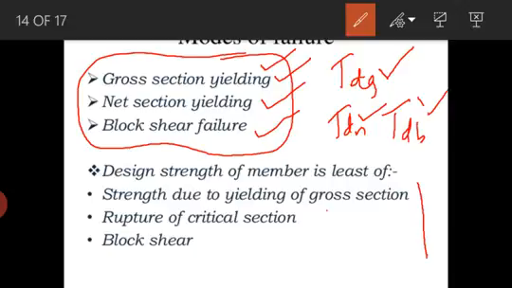Then block shear failure means the combined effect of shearing and rupture. Of these three, TDG, TDN, and TDB, whichever is the least governs the design strength. So this we'll discuss while solving a problem.